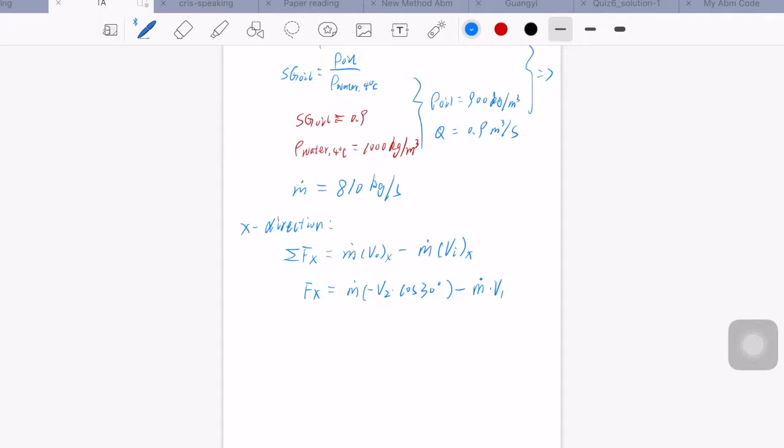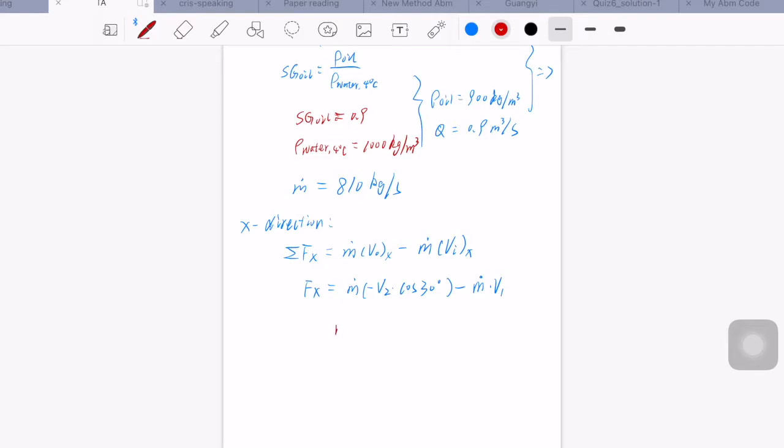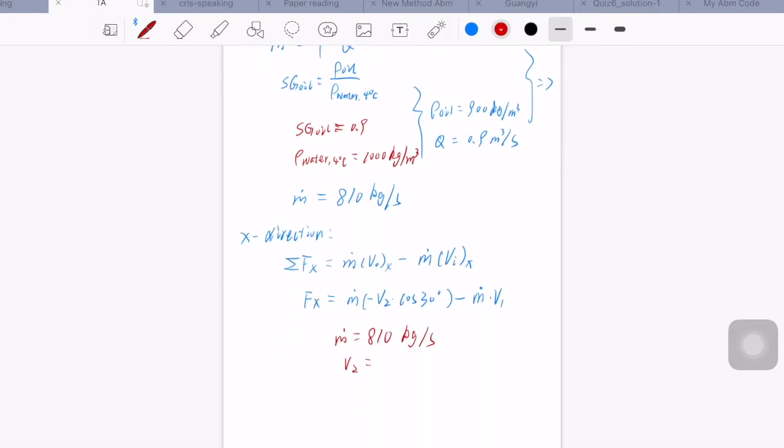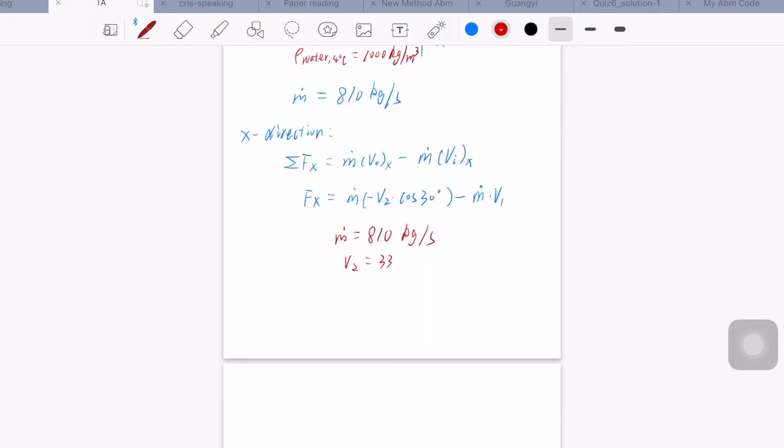We know m dot equals 810 kilograms per second, and v2 equals, let me check, 33 meters per second, and v1 equals 29 meters per second.